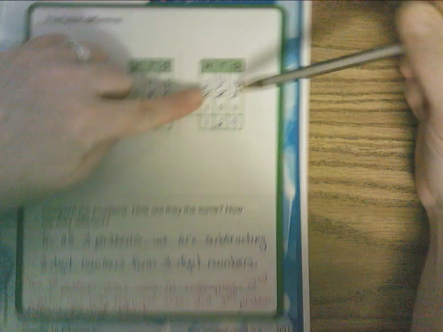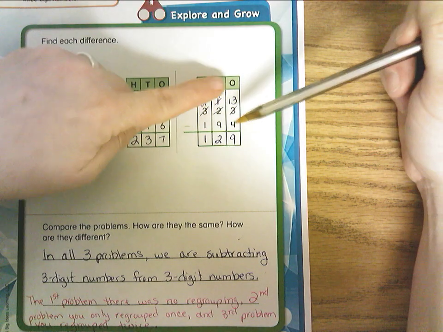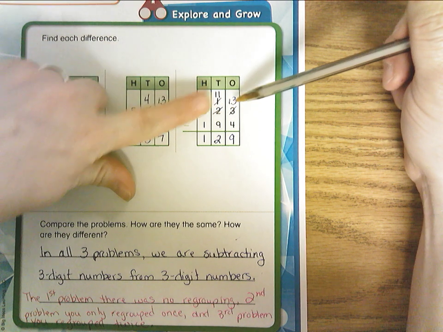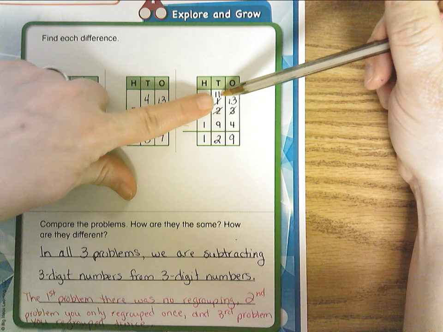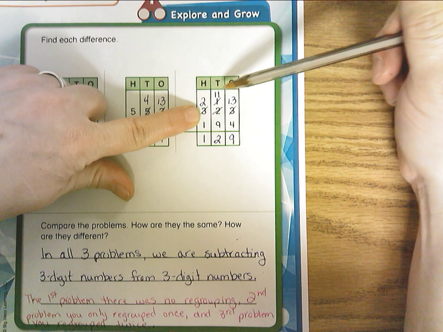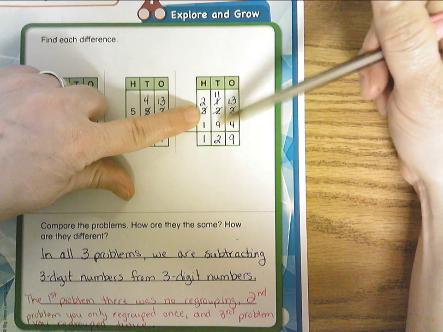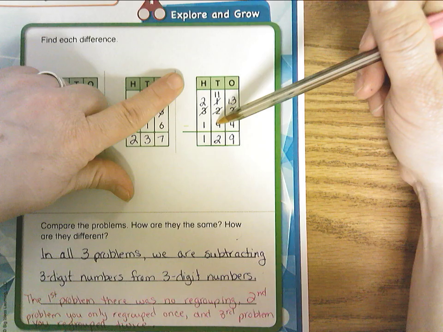In the third problem, we regrouped the first time. We took a 10 and we regrouped it into 13. Then we didn't have enough 10s, so we had to take 100 and regroup it into 10 tens to make 11 tens. And then we could subtract our 11 minus 9.